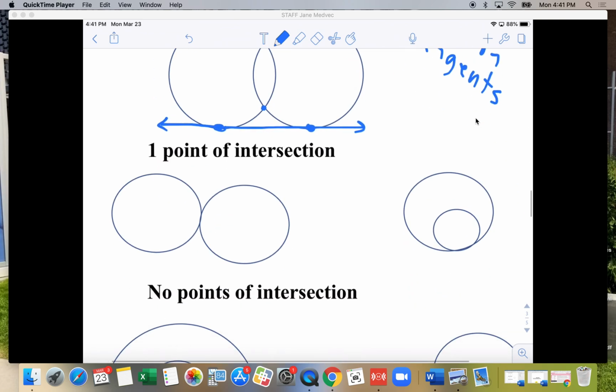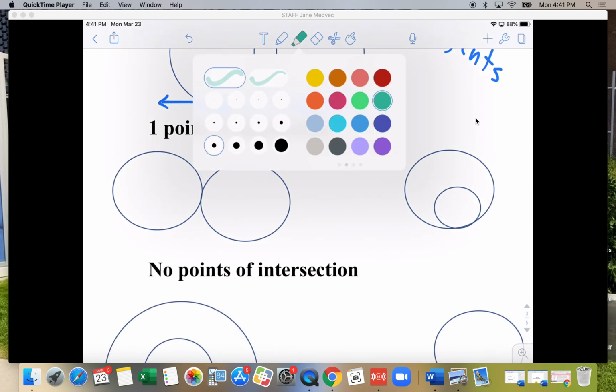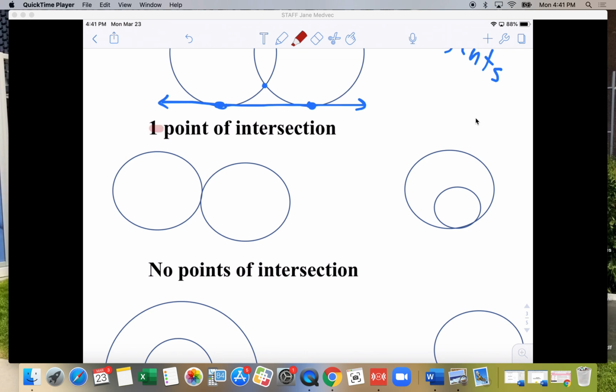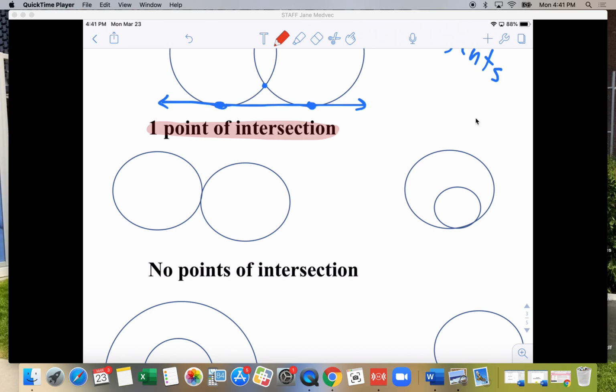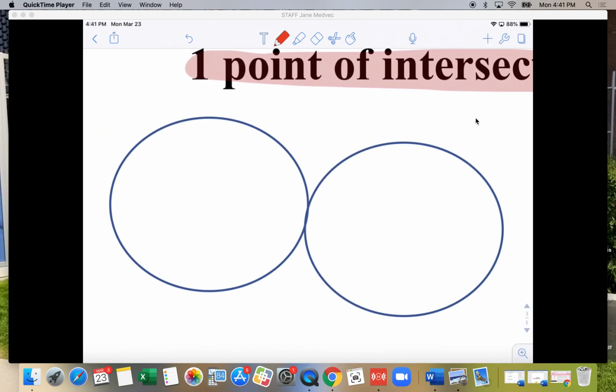Okay, now let's take a look at another way that circles can intersect each other. One point of intersection. So you're going to notice that on these two circles, I've got one point of intersection. It's like they're little kissing circles. And if I was going to draw the common tangents of this, one is like this, like we did before.